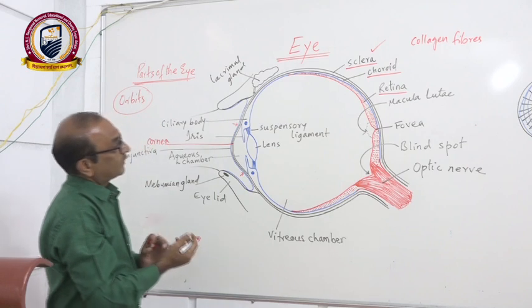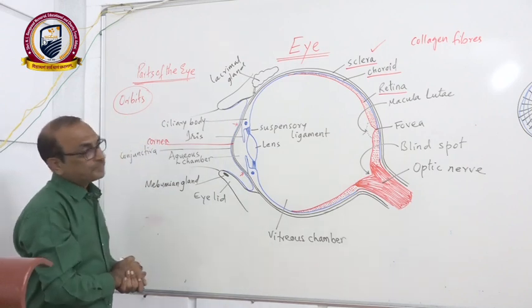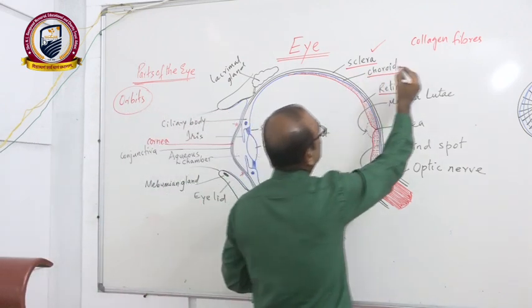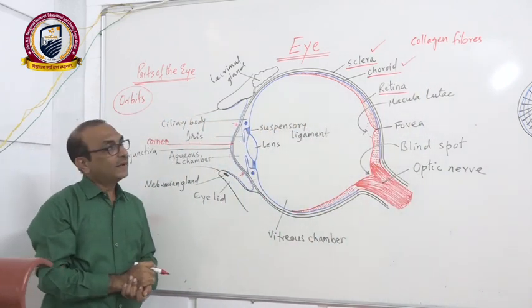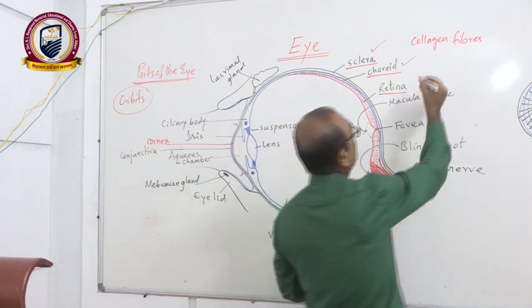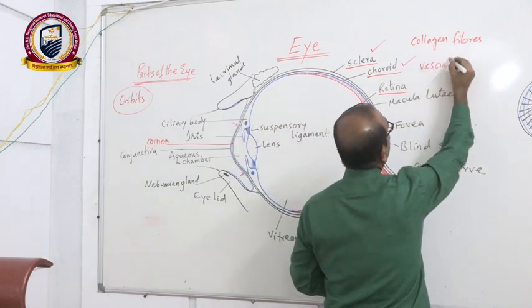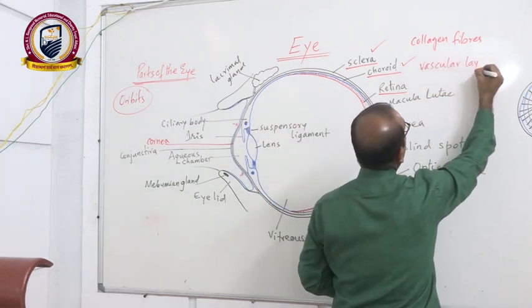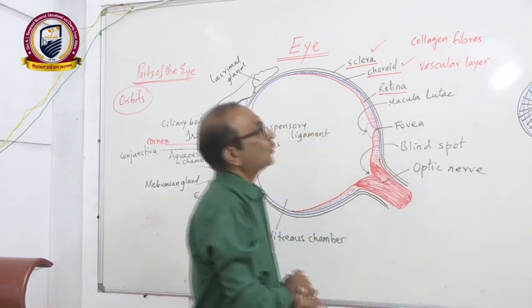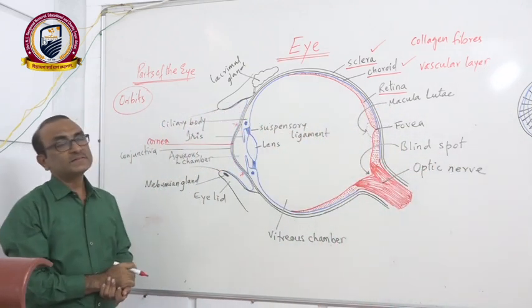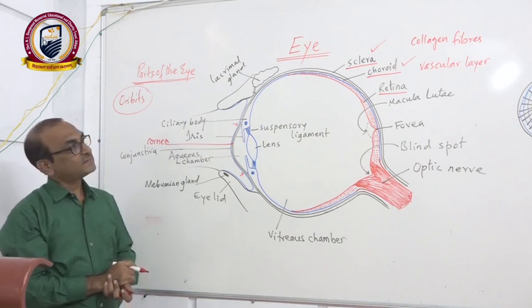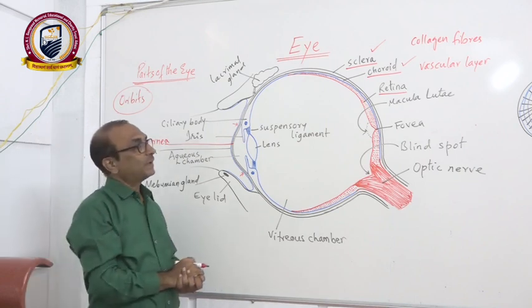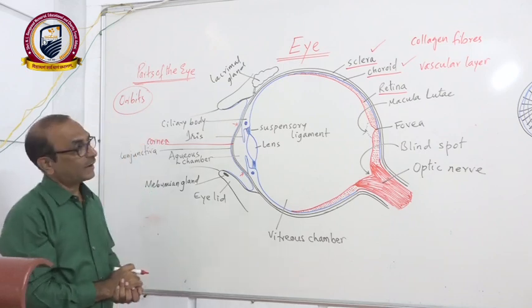Then the next layer below the sclera is the choroid. Choroid is a highly vascularized layer. We call it the vascular layer. What does it mean? It contains blood vessels, so it carries nutrients and oxygen through the blood to all parts of the eye.